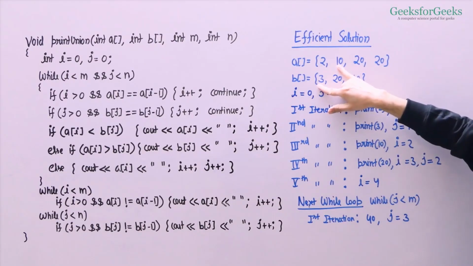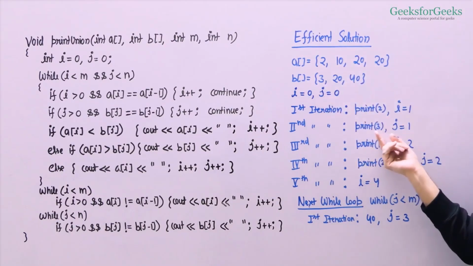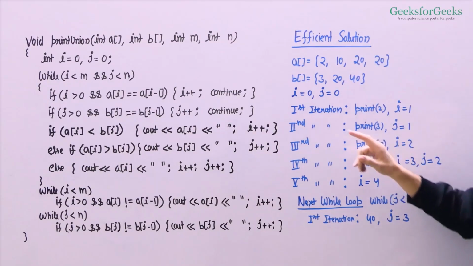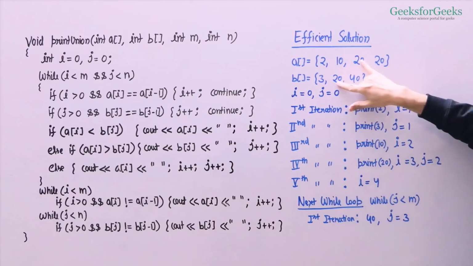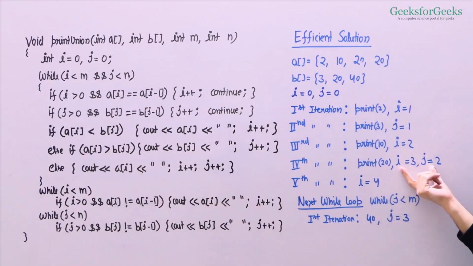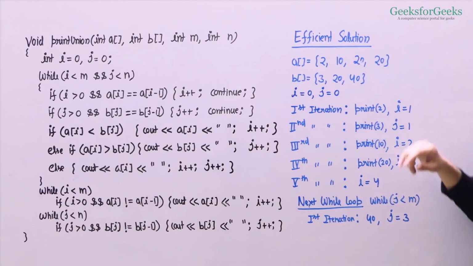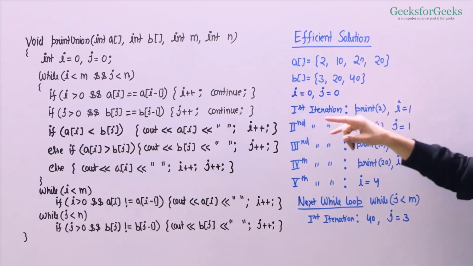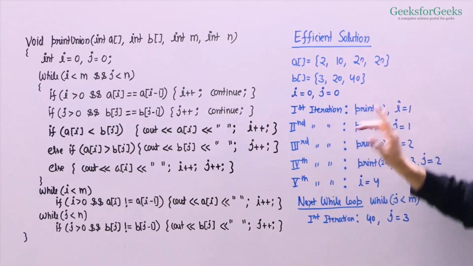Now we'll compare these two and we'll print 3 on the screen and we are here and here. Now we'll print 10 on the screen, right? And we'll move ahead in this. Now we are here and here. Now 20, 20 same. So we'll come here and we'll print 20 on the screen and we'll move ahead in both the arrays, right?